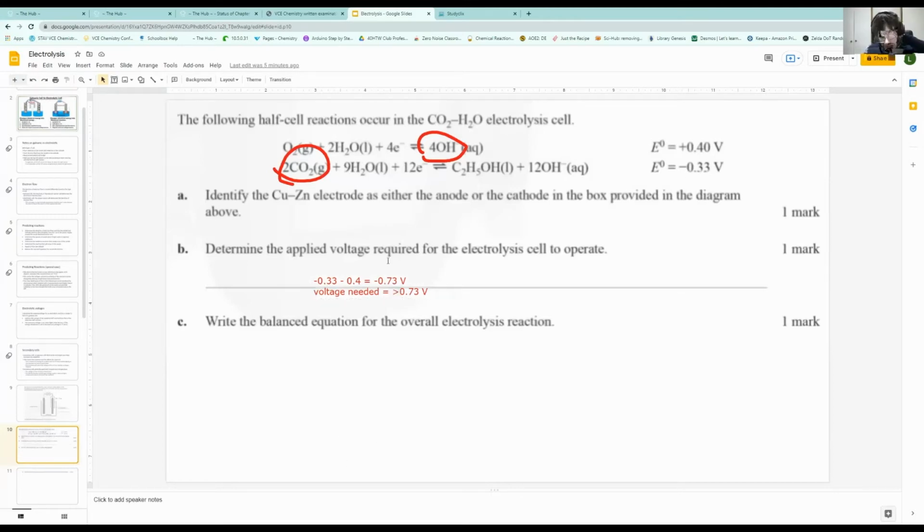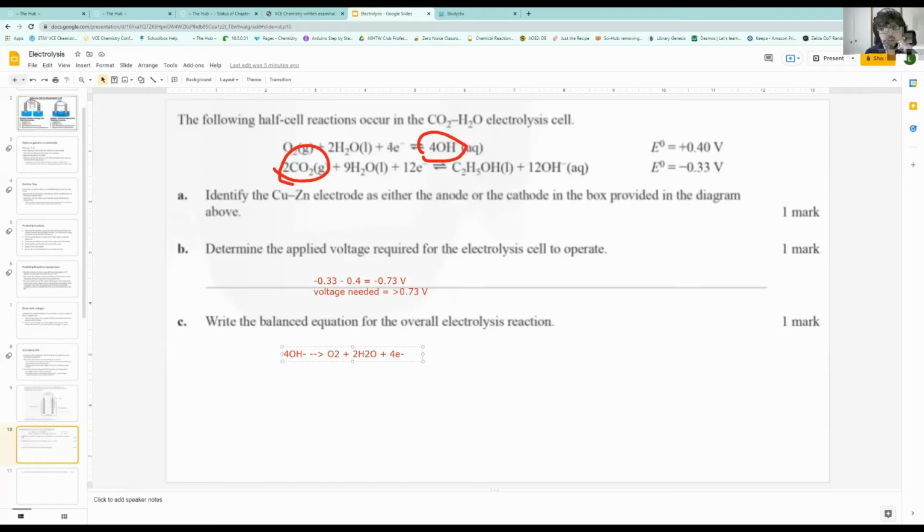All right, a balanced equation for the overall electrolysis reaction, however, is going to need us to factor in the number of electrons. So our top one here, we're turning hydroxide into oxygen and water. And we've got 4 electrons here. Now our other reaction has 12.